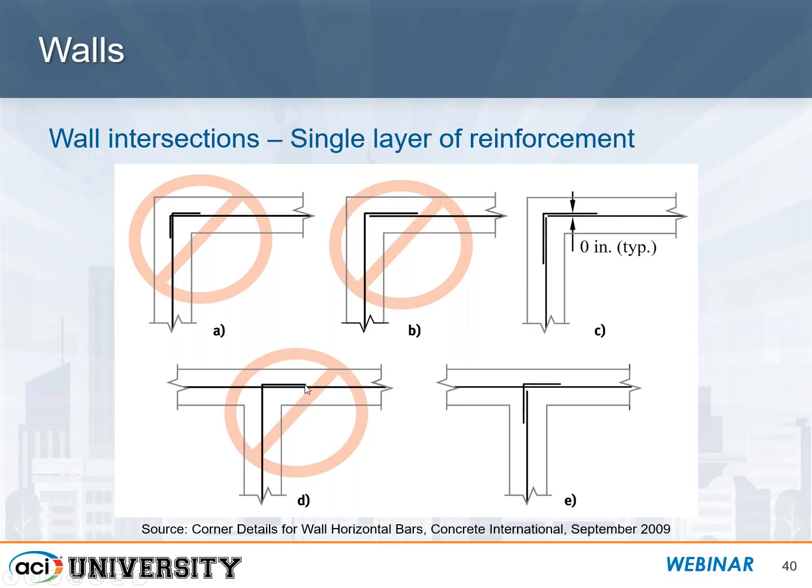Hooking that bar into here is going to cause a lot of problems for construction, and we'd rather have straight bars with this type of L-shaped hooked bar that gets developed properly around the horizontal bars. So this is our recommended. These two are the recommended ones for L and T-shaped intersections, respectively.